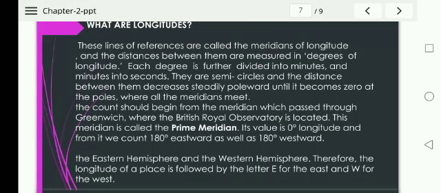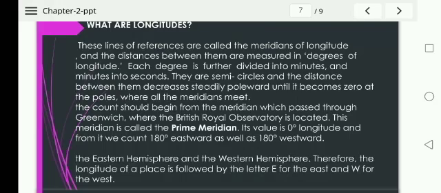They are semicircles, and the distance between them decreases steadily polewards until it becomes zero at the poles, where all the meridians meet. The count begins from the meridian which passes through Greenwich, where the British Royal Observatory is located. This meridian is called the prime meridian, and its value is 0 degree longitude, and from it we count 180 degrees eastward as well as 180 degrees westward.